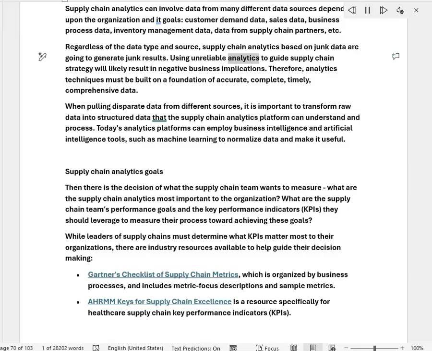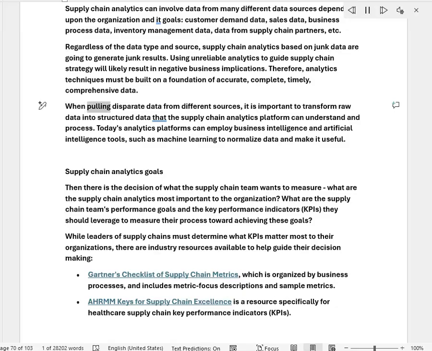Using unreliable analytics to guide supply chain strategy will likely result in negative business implications. Therefore, analytics techniques must be built on a foundation of accurate, complete, timely, comprehensive data.